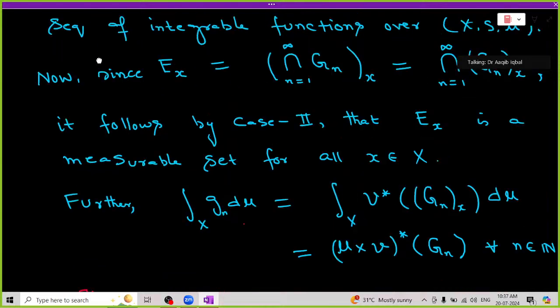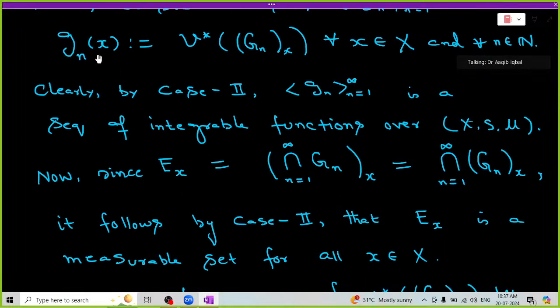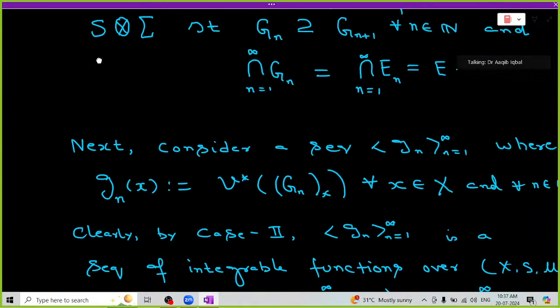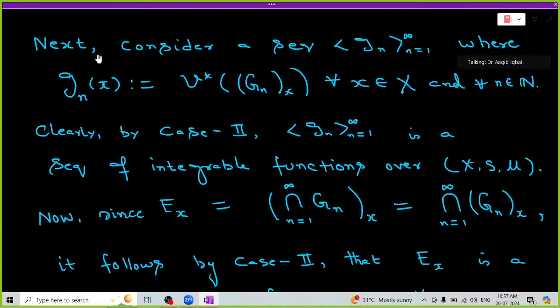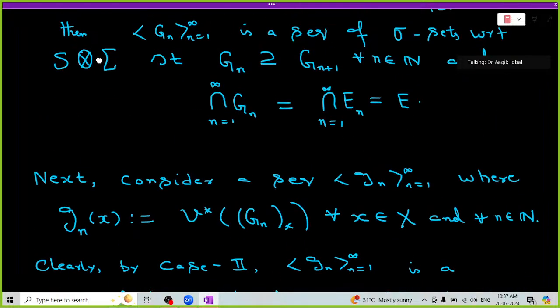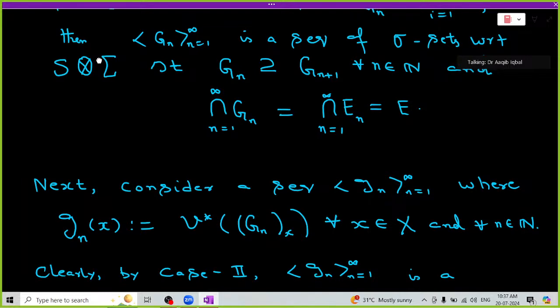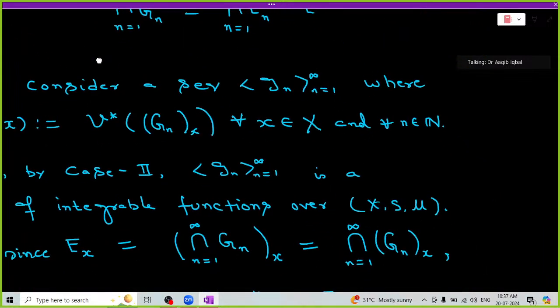One more thing you see: the way we are defining these Gn's, Gn is nu star of the x section of capital Gn. The capital Gn's are decreasing, so we expect the x sections to be decreasing also.